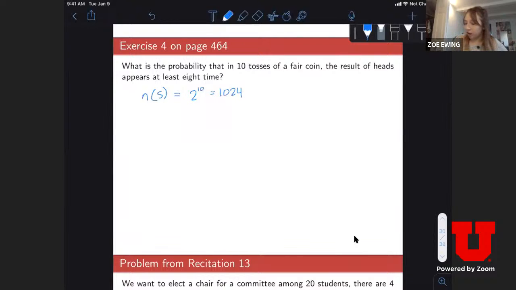So now we want to figure out the E value. We want to figure out how many ways we can get 8 heads, 9 heads, and 10 heads. So how are we going to pick these? If we want 8 heads, how do we figure out how many ways there are to get 8 heads in 10 tosses?